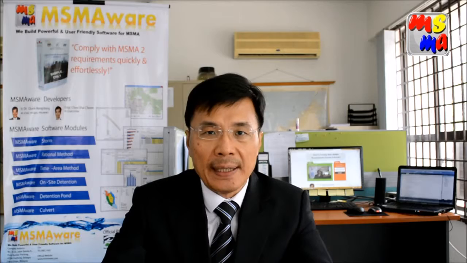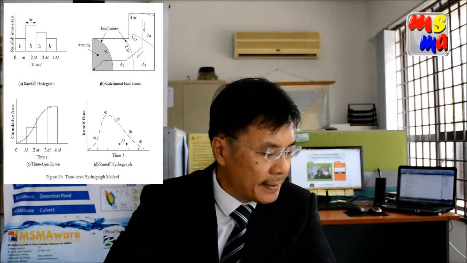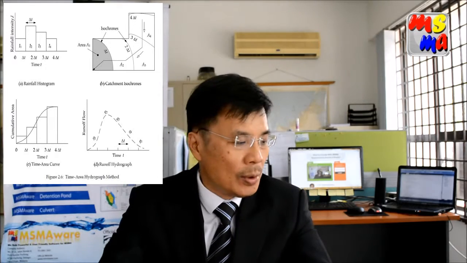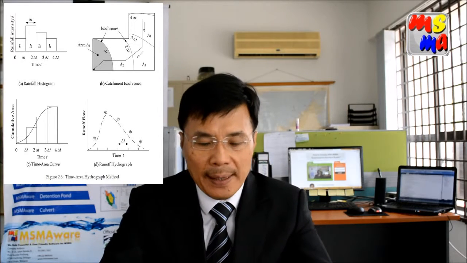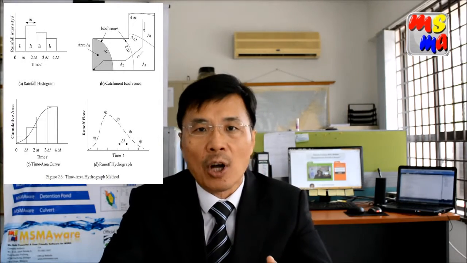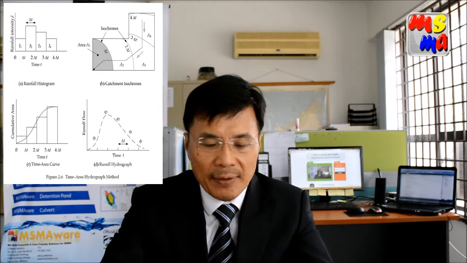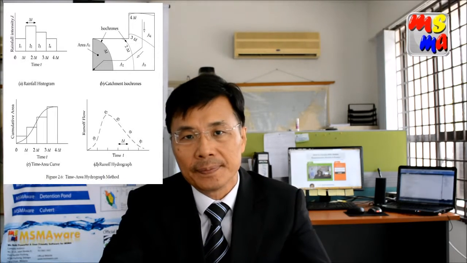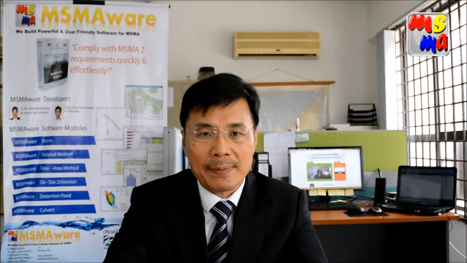There is a figure inside MSMA 2, figure 2.6, that explains this concept of a convolution of the rainfall excess hydrograph.